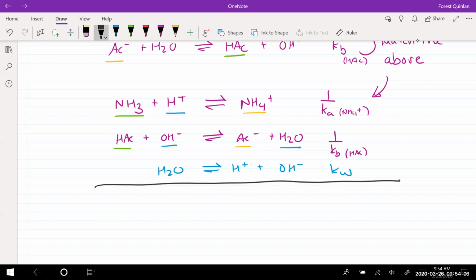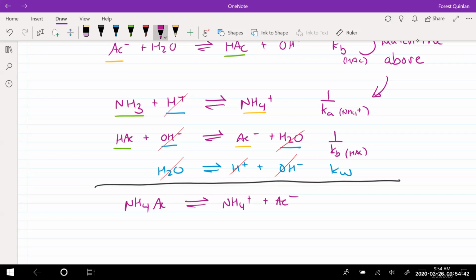Now, Garrett, remember, we're not technically canceling out, but I do want to point out, oops, undo, undo, boom. A nice little light slash through these will allow us to just keep those pieces that we want when we get down to the overall reaction, which is supposed to be NH4AC, the combination of the ammonium and the acetic acid going back and forth to make NH4 plus and AC minus.